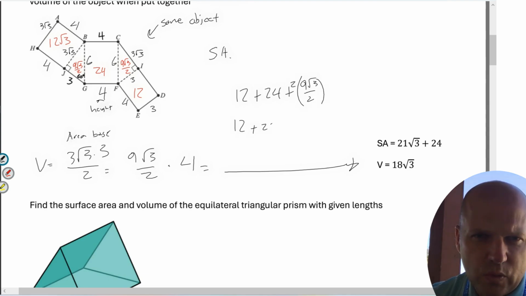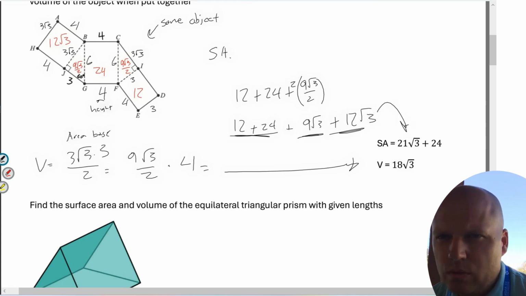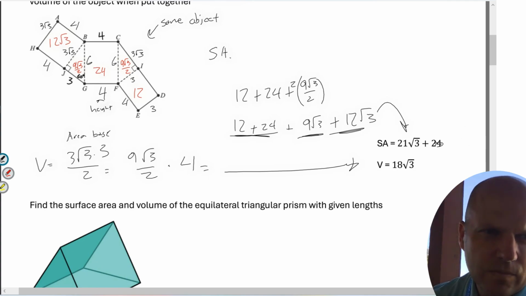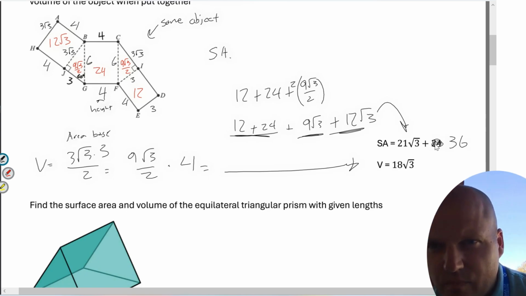A 12, a 24, a 9 root 3 after adding the 2 of them together, and then a 12 root 3. 9 root 3 and the 12 root 3, 21 root 3. Ooh. I think we're skipping one of these rectangles. I think we messed up.